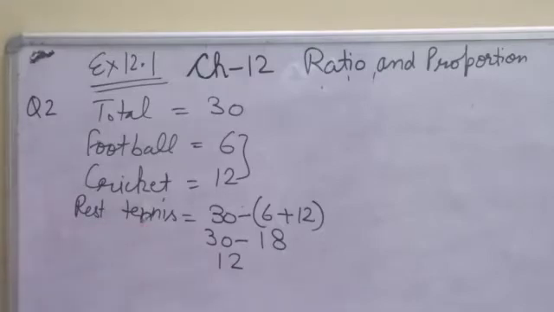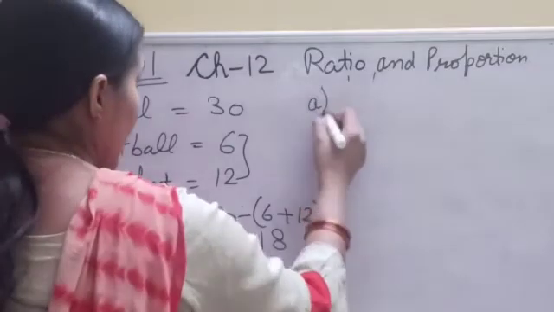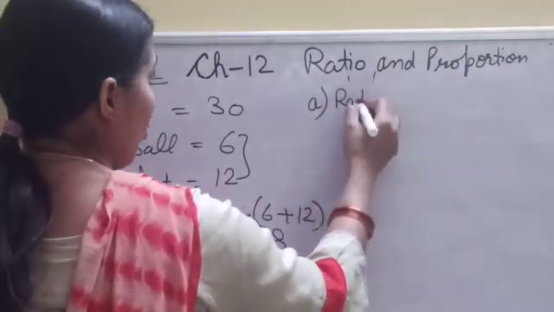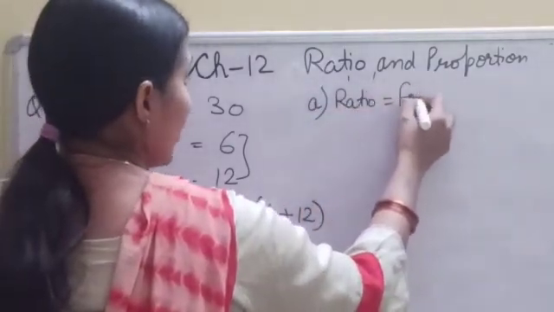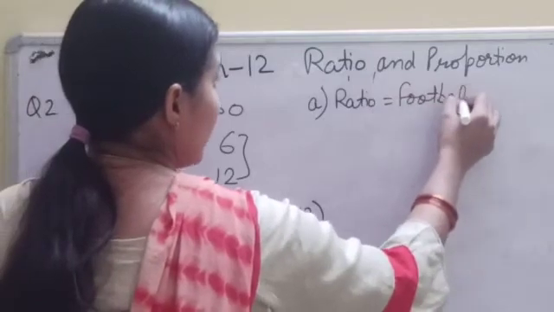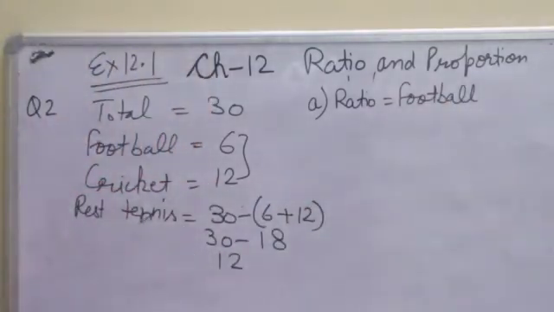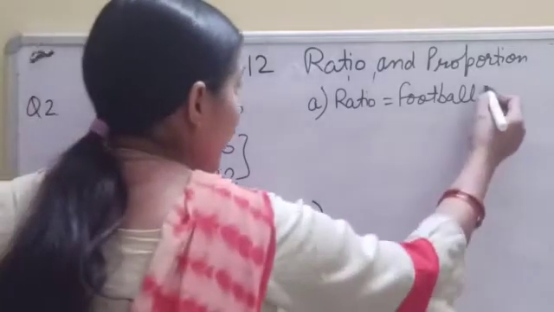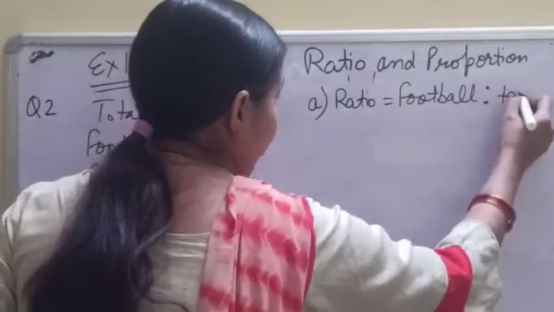Then in part A you have to tell the ratio of number of students who like football to, with whom we have to compare. We have to compare with number of students liking tennis.